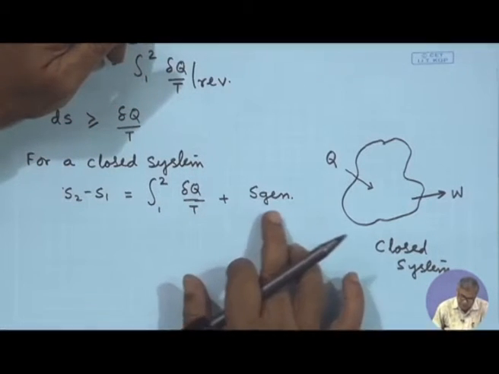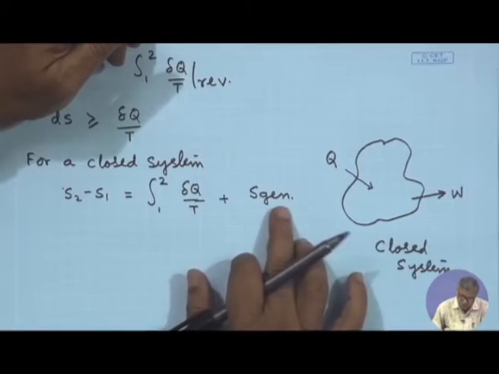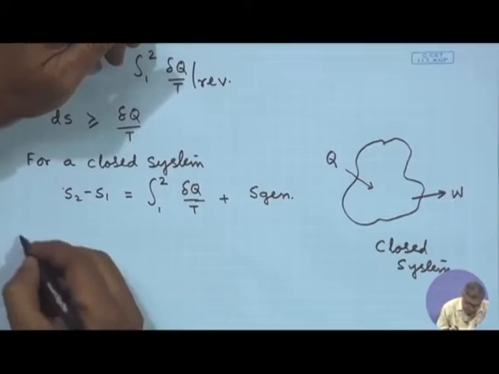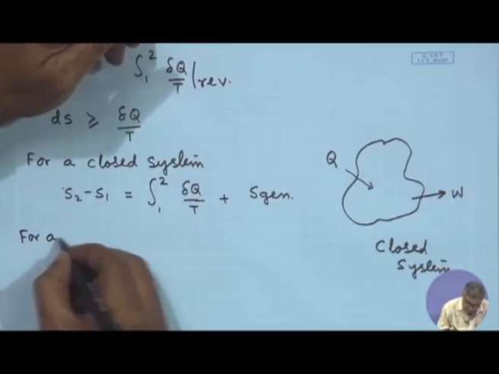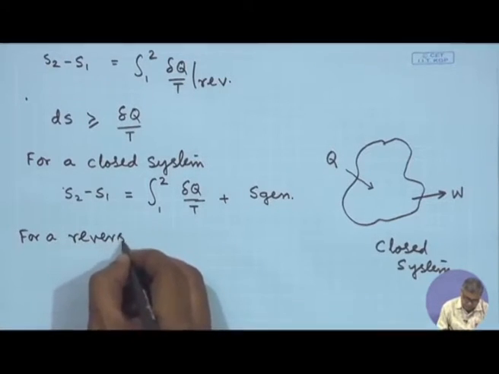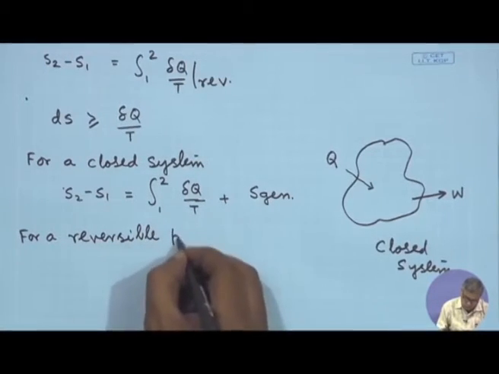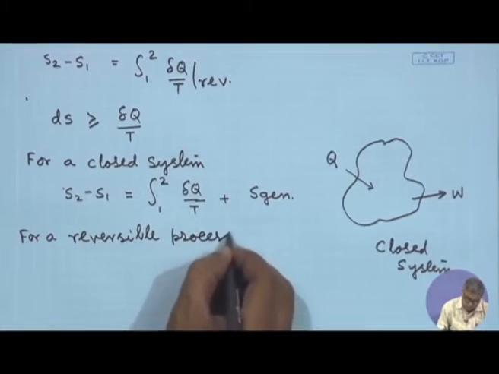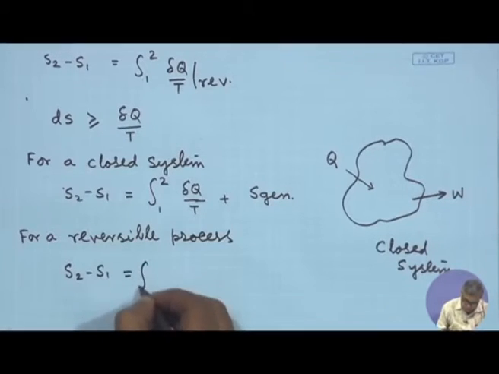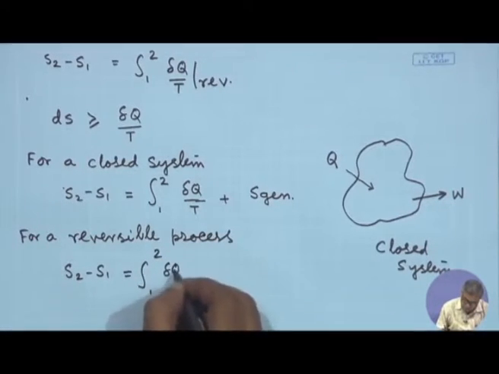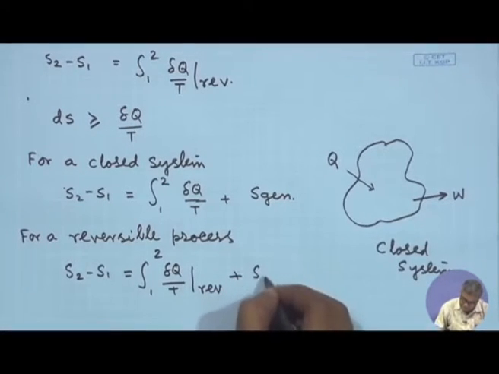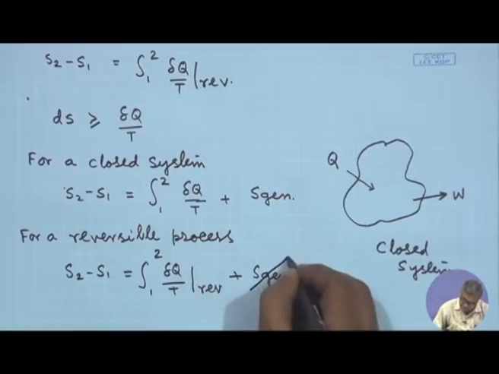If the process is reversible, then this S gen will be equal to 0, and for a reversible process, S2 minus S1 is equal to integration 1 to 2 dq by T reversible plus S gen, that is equal to 0.